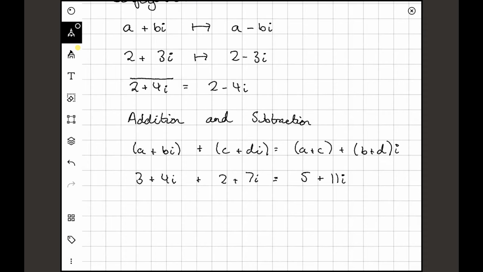Subtraction works in exactly the same way. So 3 minus 4i minus 2 plus 3i is 3 minus 2, which is 1, and minus 4 minus 3, which is minus 7i. There we go.